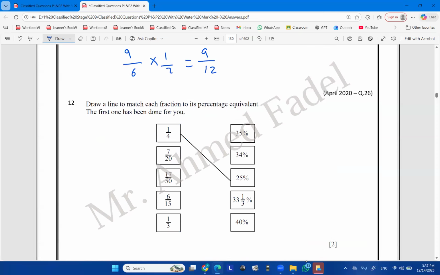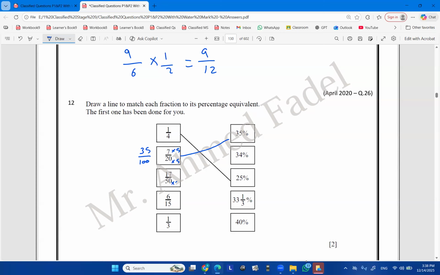Draw a line to match each fraction to its percentage equivalent. 7 over 20, multiply by 5, gives you 35 over 100. Here we go.